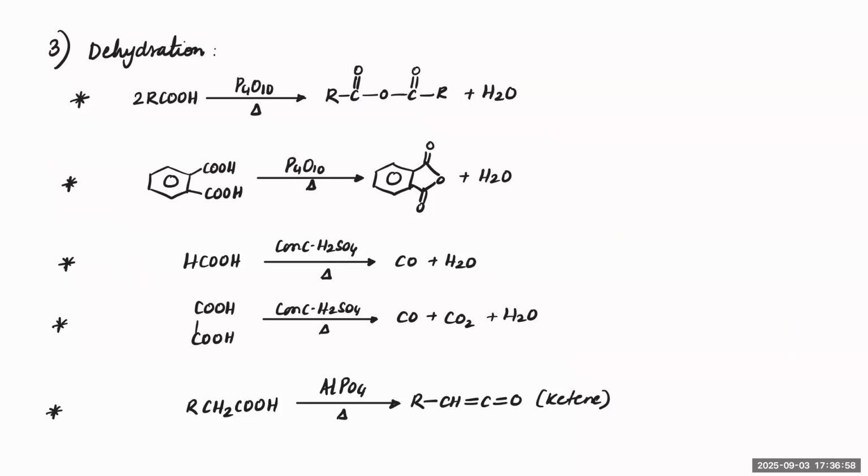Now, these are some standard reactions of acids. That is, first, dehydration. If I take 2 moles of acids and I take a strong dehydrating agent like P4O10, P4O10 is a very strong dehydrating agent. It can pull away water from it. So as it pulls away, it will convert into an anhydride. Same way here also, if you pull away H2O, it will convert into an anhydride.